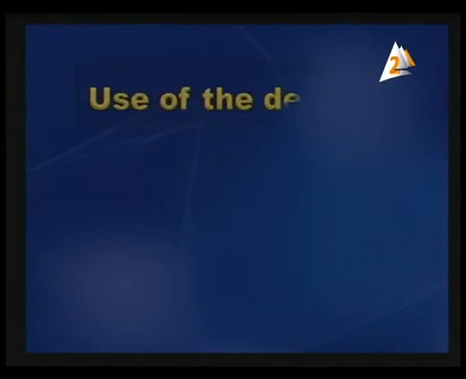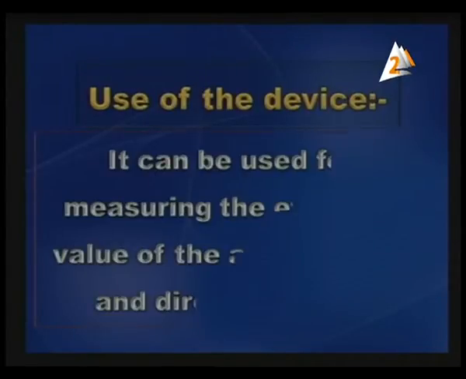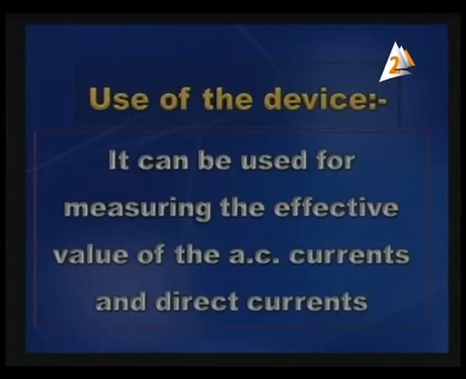And what about the use of the device? It can be used for measuring the effective value of the AC currents and the direct currents. This was about the use of the device. It can be used for measuring the effective value of the AC current, and it also measures the direct current.